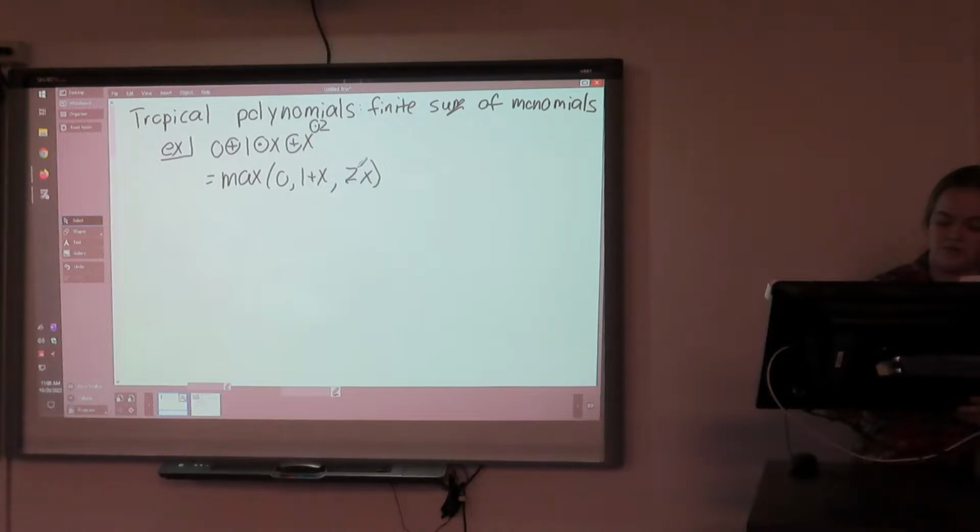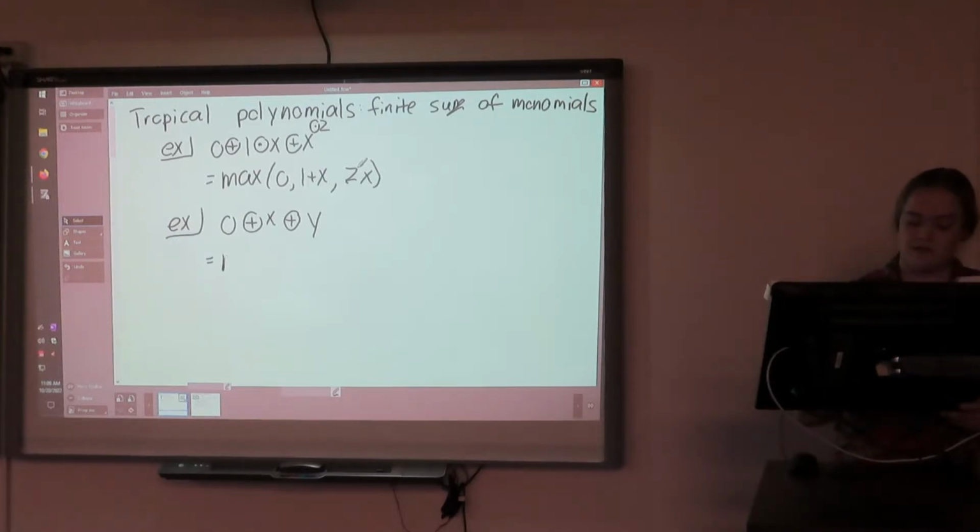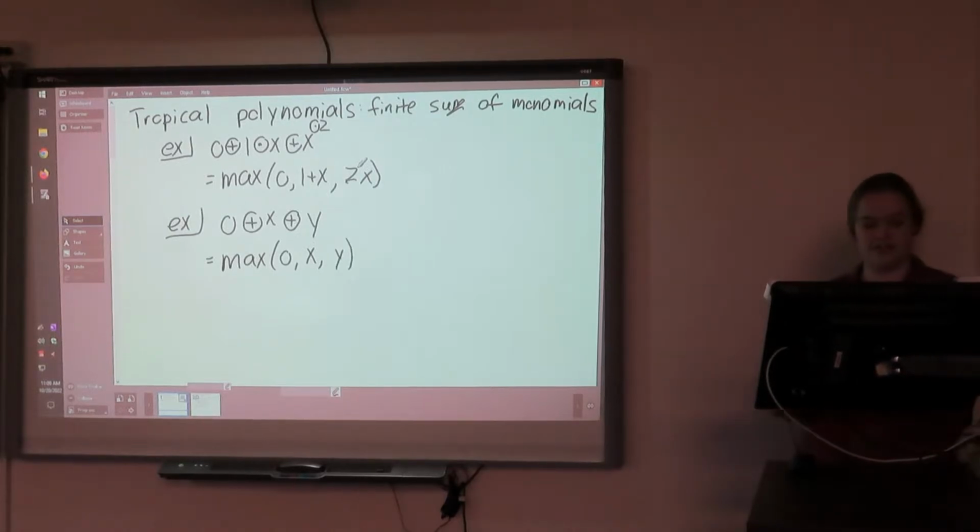Another example, we can do 0 plus x plus y. This is the max of 0, x, and y.